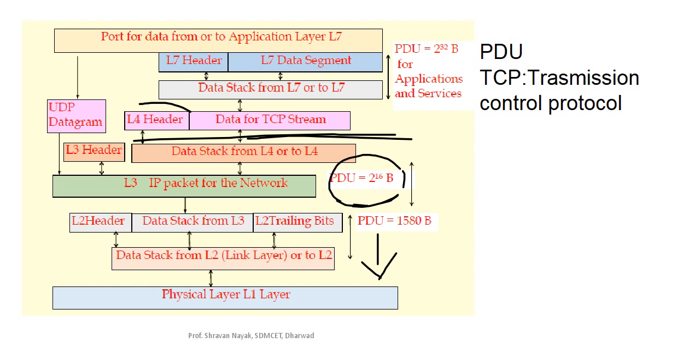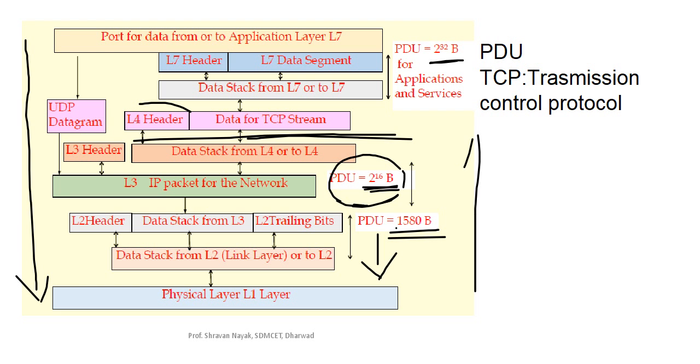So you start from 2 to the power of 32 bytes for the application layer, then it comes to around 2 to the power of 16, then it comes to a data link layer with 1580 bytes. This is a typical case, right? So now you can understand how these values keep changing whenever the data flows from the upper layer to the lower layer, and from the lower layer to the upper layer a similar task takes place, right, in the reverse order.